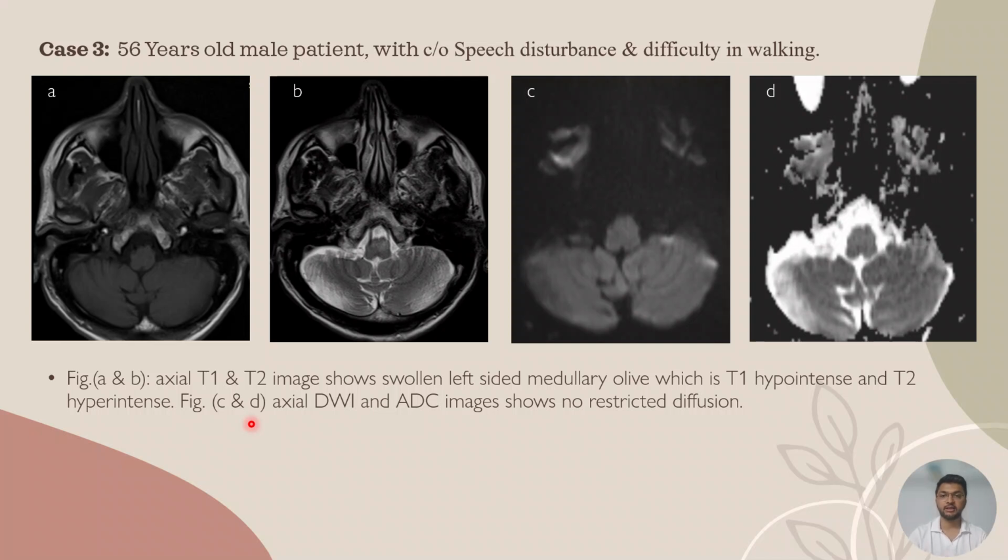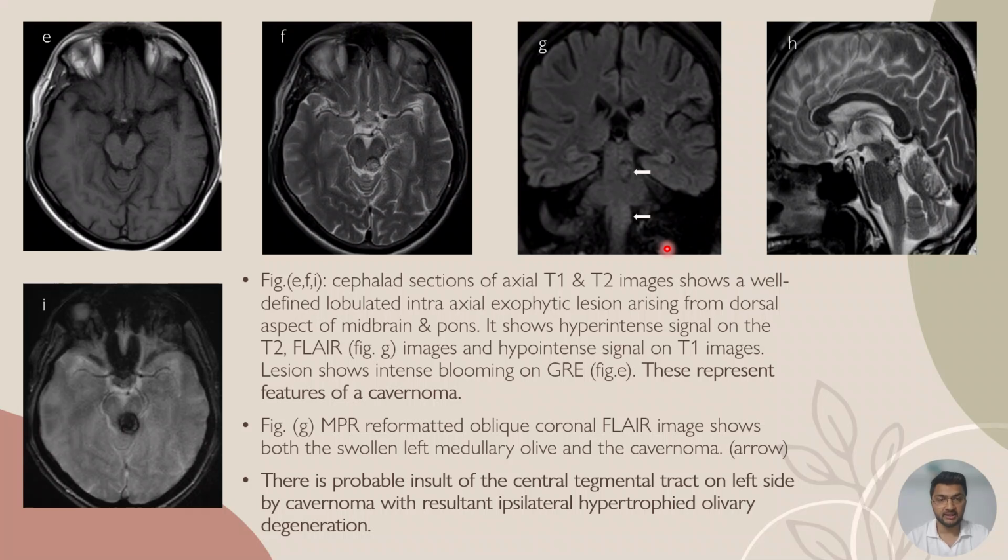Third case: a 56-year-old male patient with complaint of speech disturbance and difficulty in walking. We can see a hyperintense signal in the left-sided medullary olive on T2 sequence, which shows no restricted diffusion. The sagittal section of T1 and T2 sequence shows a well-defined lobulated intra-axial exophytic lesion arising from the dorsal aspect of the midbrain and pons.